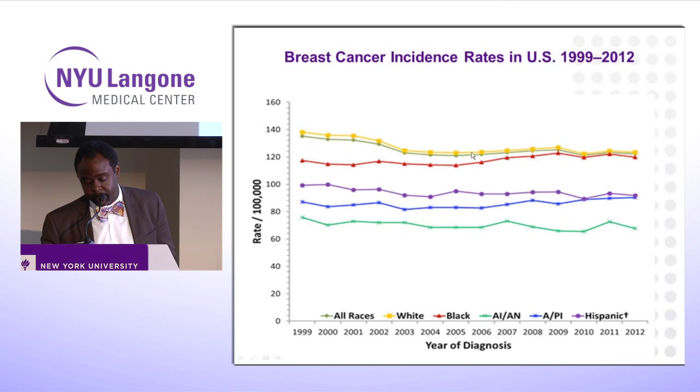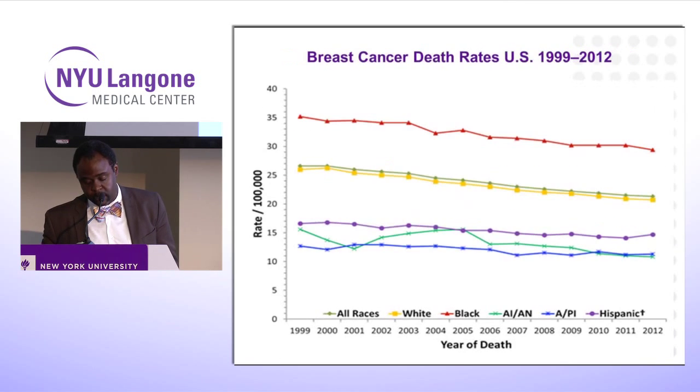And what we see is that whites generally have the highest incidence of breast cancer in the U.S., meaning that they're the most likely to get it, and blacks are slightly less likely to get breast cancer. Unfortunately, though, blacks are head and shoulders above everyone else in terms of who dies from breast cancer.